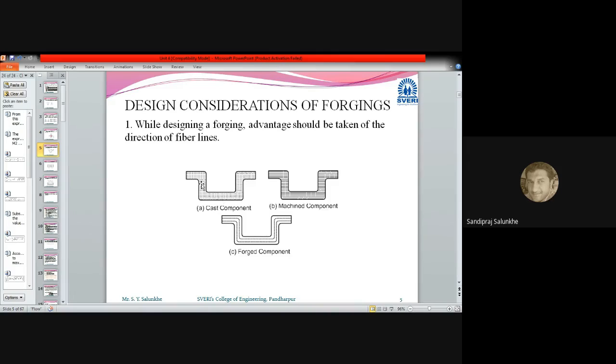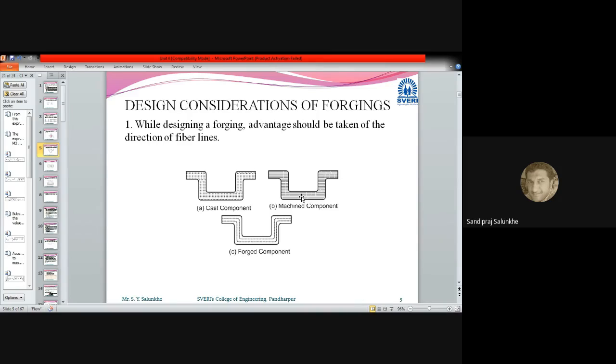But in that case, no line will be observed. Simply that part will cool as it is, and hence the crystallization is more. We cannot say perfectly crystallized, but the molecules will get frozen over there only. Whereas if the same part is manufactured by means of machining, then you are going to shear out some material. What does machining mean?